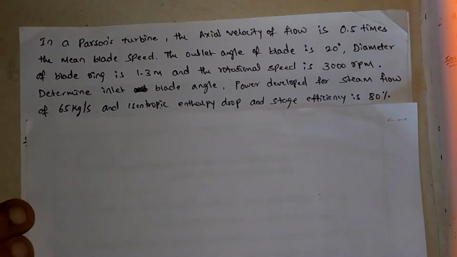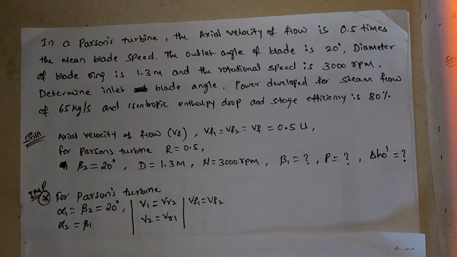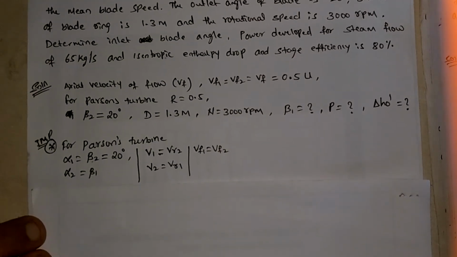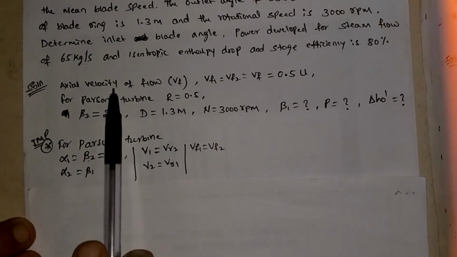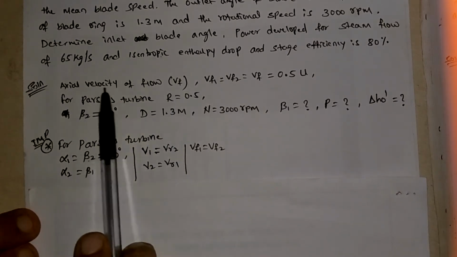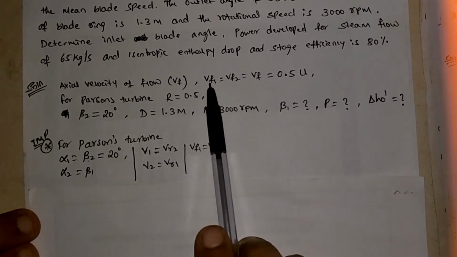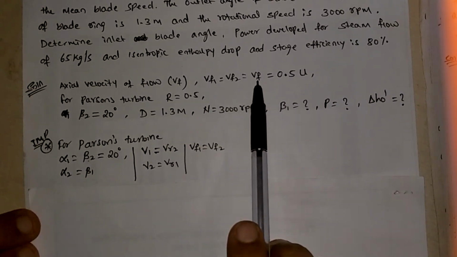Okay, we'll extract the given data. I have listed it here, as you can see. The axial velocity of the flow, that we call Vf. For Parsons turbine Vf1 is equal to Vf2 is equal to Vf.